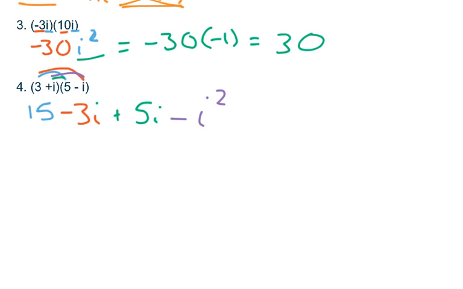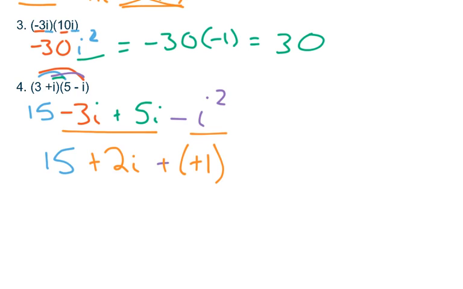Okay, again, let's simplify what we can. We can do the negative 3i plus 5i. So we'll have 15. Negative 3i plus 5i is positive 2i. And then we'll have minus, and i squared is negative 1. So remember, if it's minus negative, that's the same thing as adding the positive.